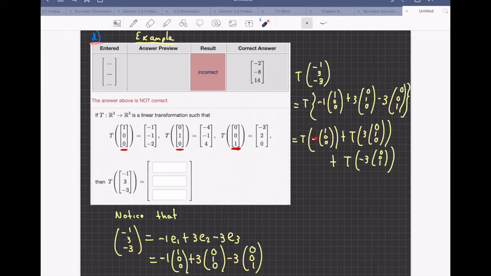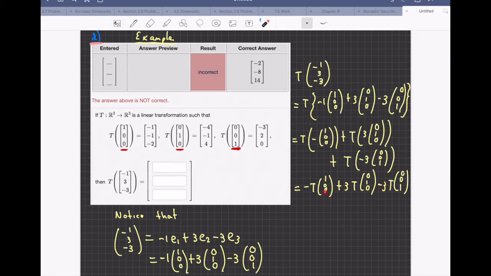Now, in linear, I can take out the scalars. So this would be -T of 1, 0, 0, plus 3 T of 0, 1, 0, minus 3 T of 0, 0, 1. You see? I took out the constants, this negative sign, this 3, and this -3.